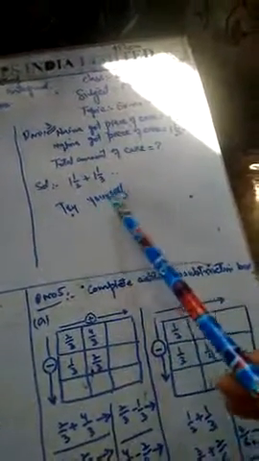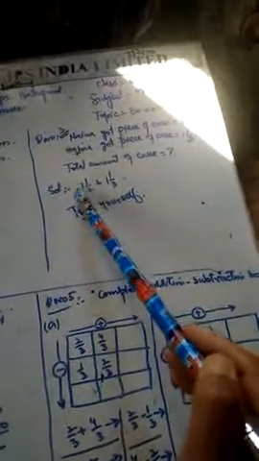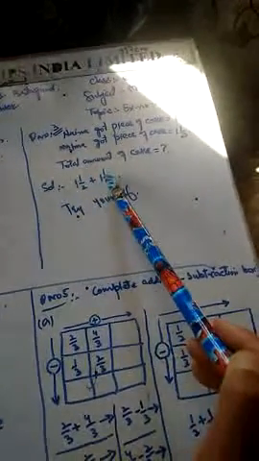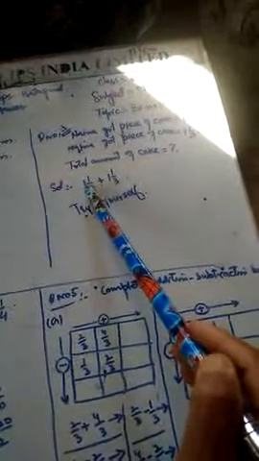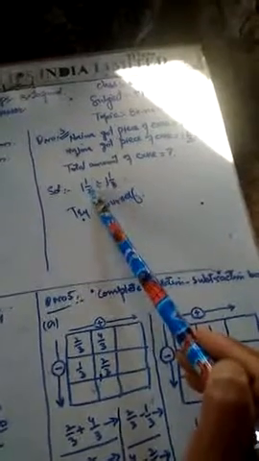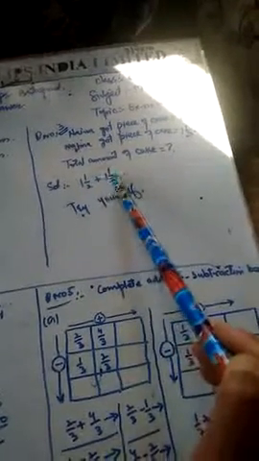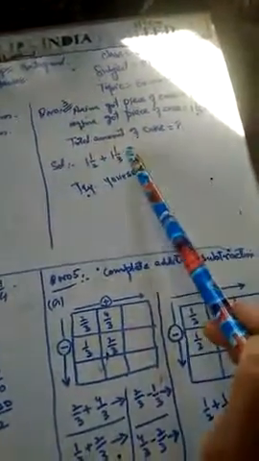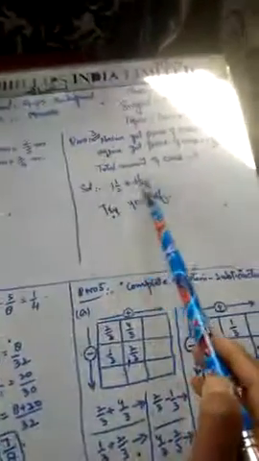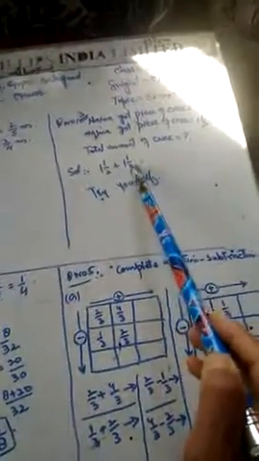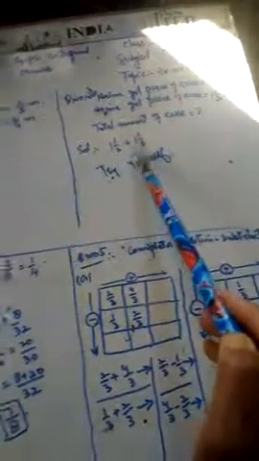Try yourself, dear guys. You can first convert it into improper fractions and then add, or you can first add the wholes and then add the fractions and find the total. There are two ways to find the answer of this question. You can follow whichever you feel is easier.